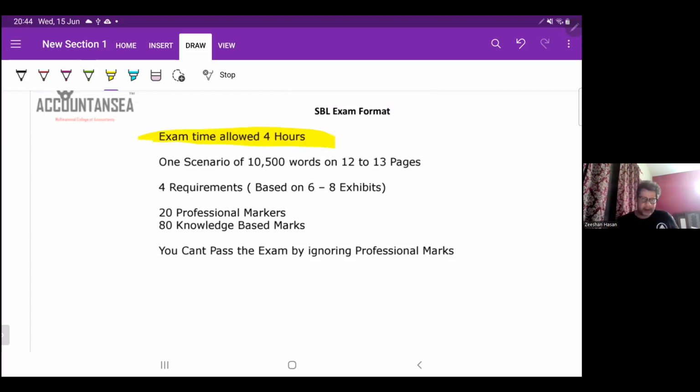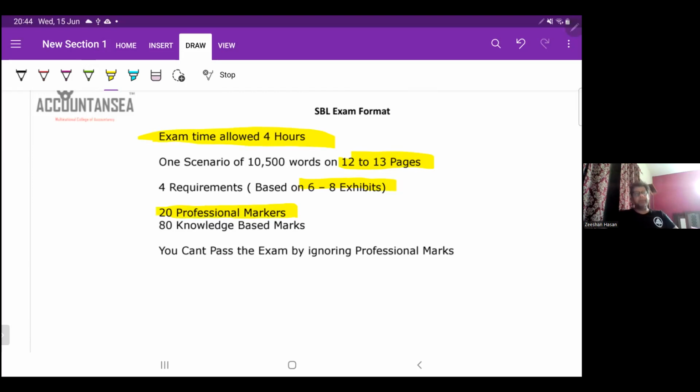It will consist of one scenario of 10,500 words, which will be based on 12 to 13 pages. It will have 4 to 5 requirements based on 6 to 8 exhibits. It will consist of 20 professional marks and 80 knowledge based marks.